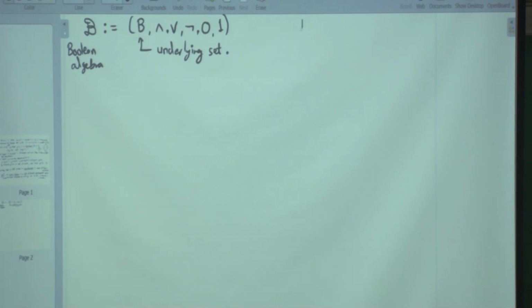So this is named after George Boole. There is something I want to talk about.